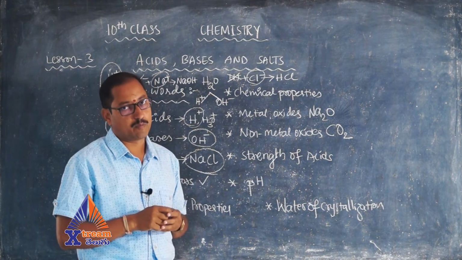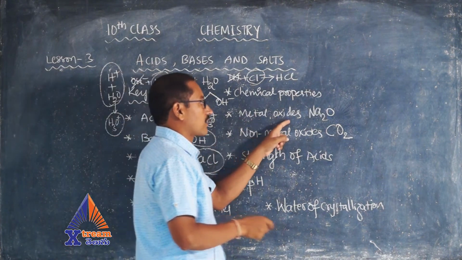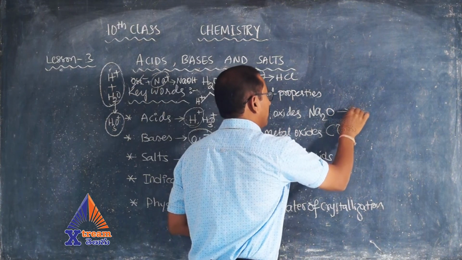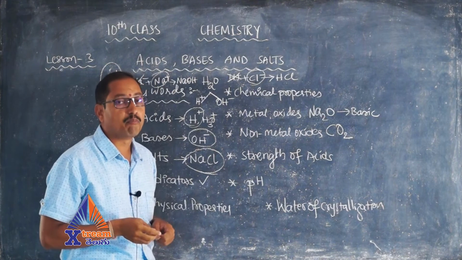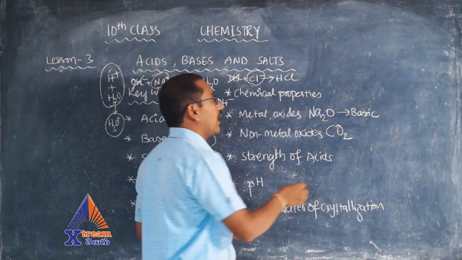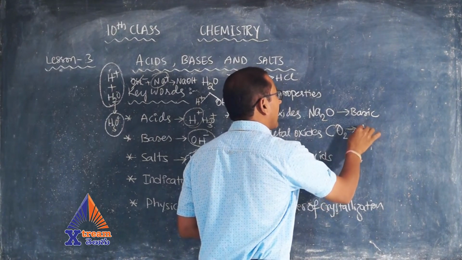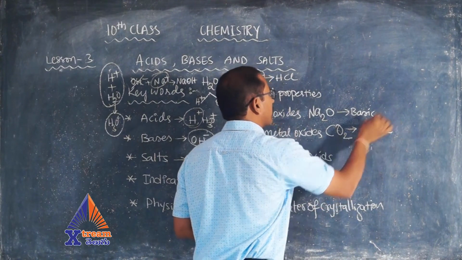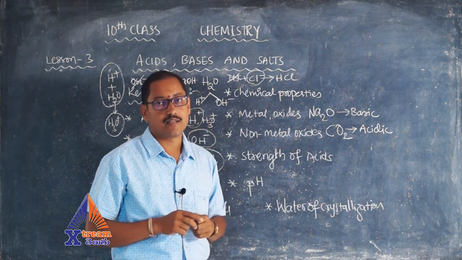And you have to remember this very important point that all metal oxides are basic in nature, and all non-metal oxides are acidic in nature. Metal oxides are basic or alkaline in nature.